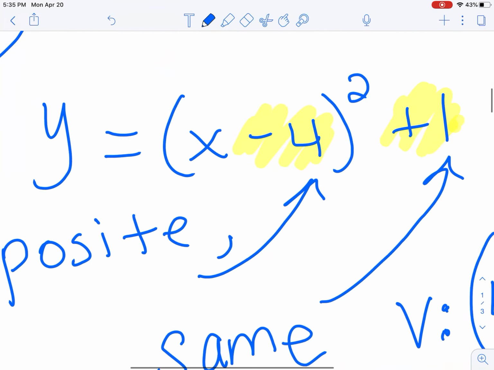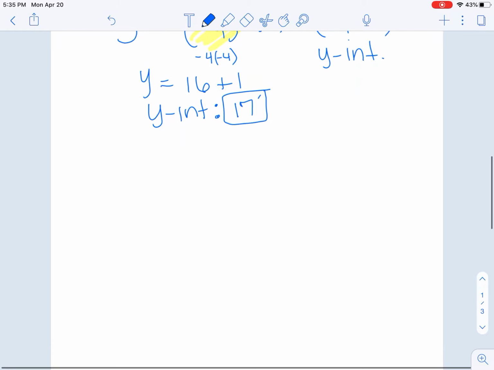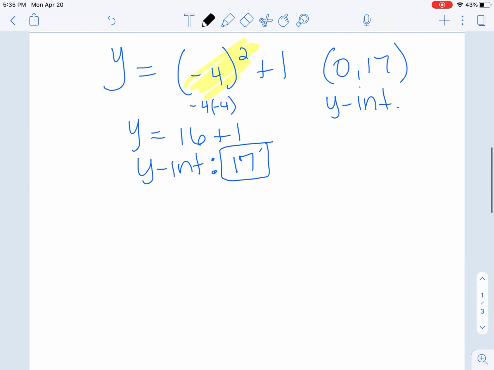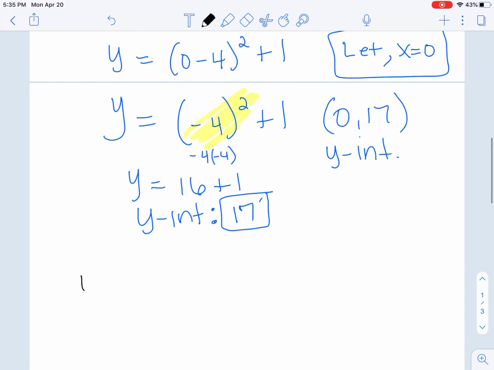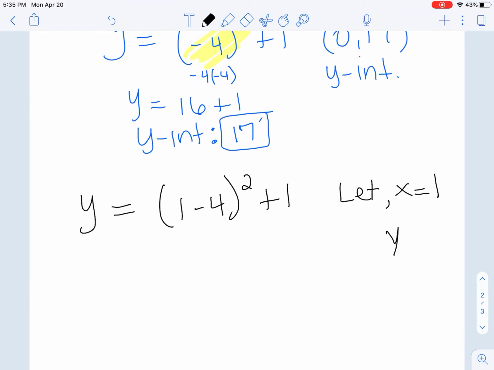So we're going to plug in a 1 for x into the original equation. So it's going to be y equals (1 minus 4) squared plus 1. So let x equal 1 and see what y is.